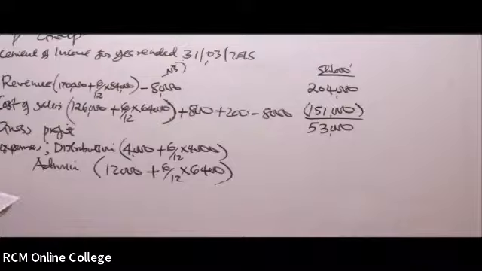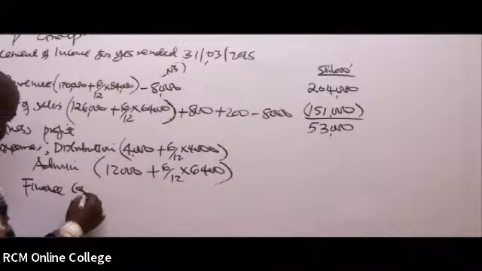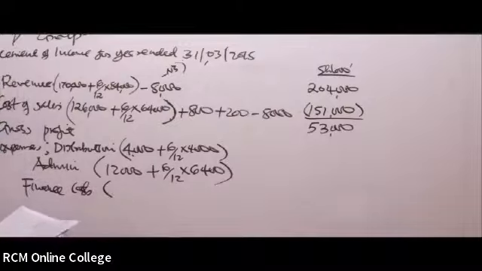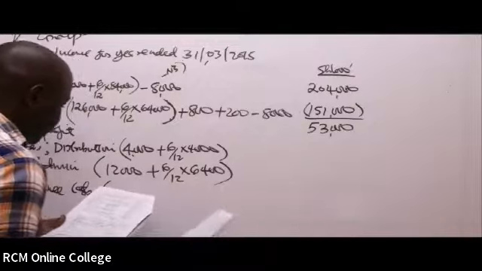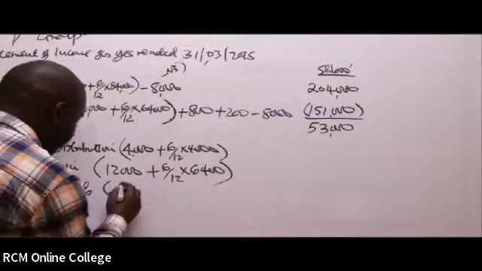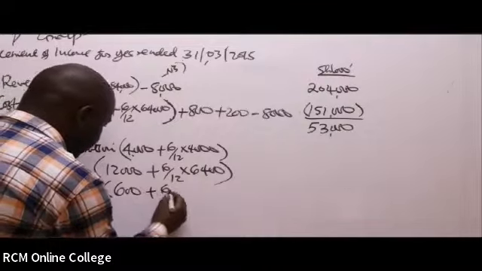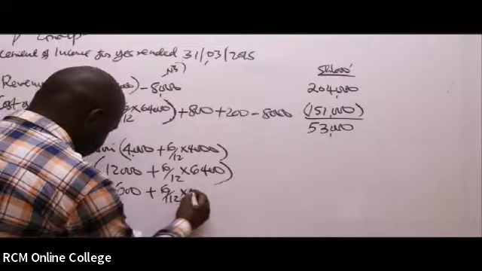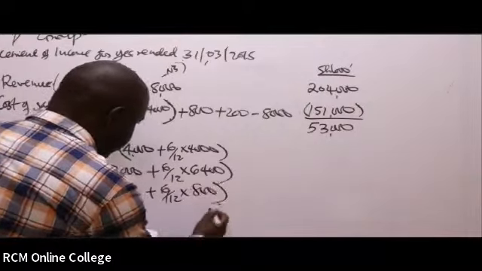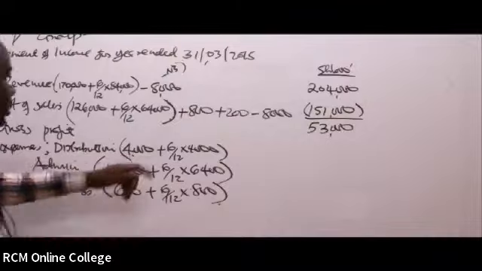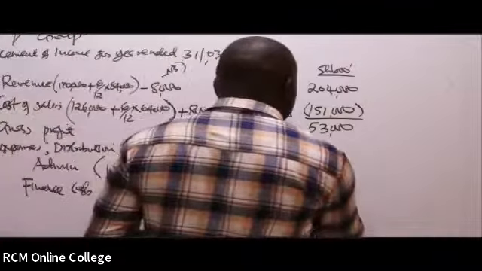Then we have finance cost. These ones didn't have any form of adjustments. You can just pick them directly and score your marks. You just place them as they are. So 600 plus 6 out of 12 multiplied by 800 gives 6 million.